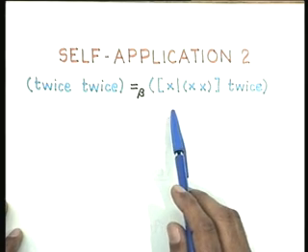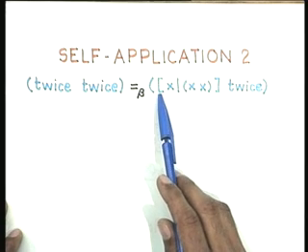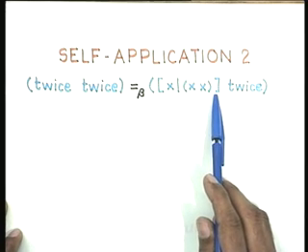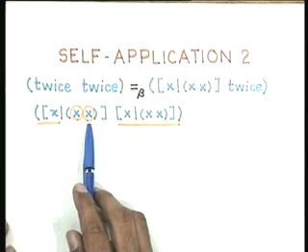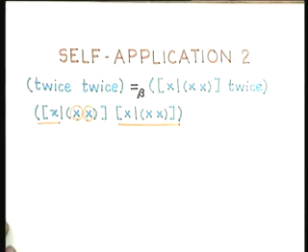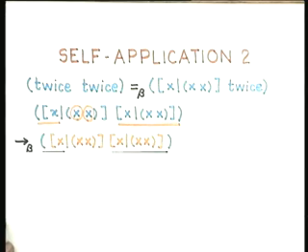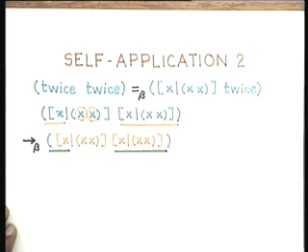So what I could do is I could play the same game, apply this function to itself. So I apply it to itself, and what do I get? Each of these x's is going to be replaced by this term, and I get this, which except for the color is exactly identical to the previous term, right.